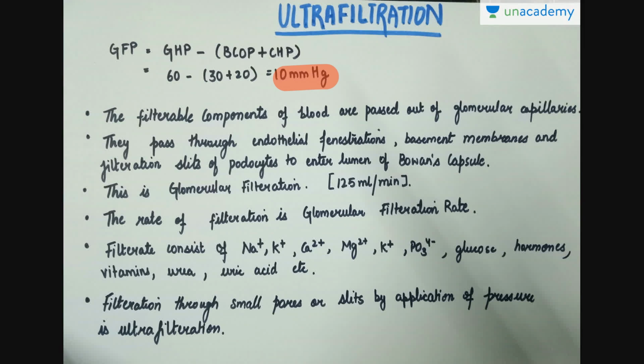So the filtrate components of the blood are passed out of the glomerular capillaries due to this 10 mmHg of pressure. They pass through the endothelial fenestrations that are present in the capillaries, the basement membrane of the glomerulus as well as the visceral layer, and finally through the filtration slits of the podocytes to enter the lumen of the Bowman's capsule, or the capsular space.